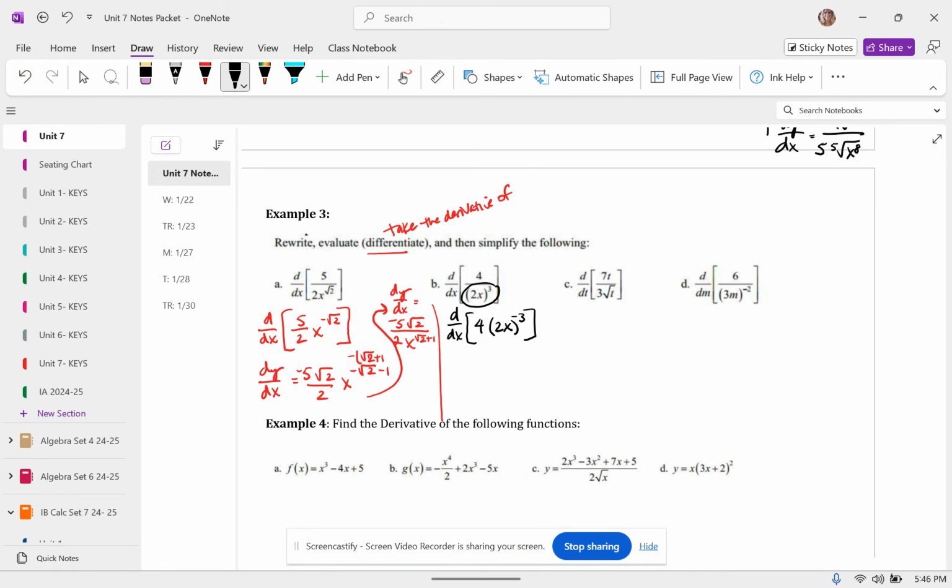So now I can only deal with a singular power or a singular coefficient out front, so I would have 4 times 2 to the negative third times x to the negative third, and now I could take the derivative. So I would have negative 3 times 4 times, I'm just going to drop the 2 to the negative third down here, times x to the negative fourth.